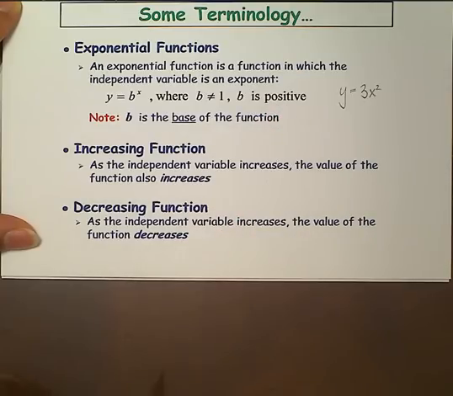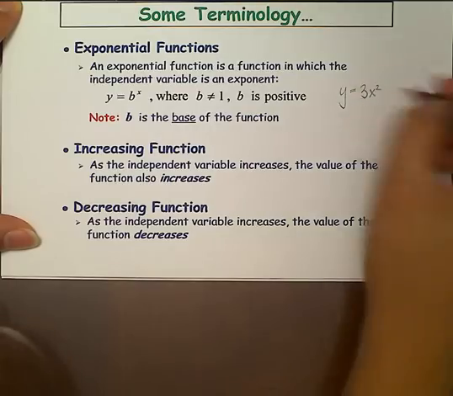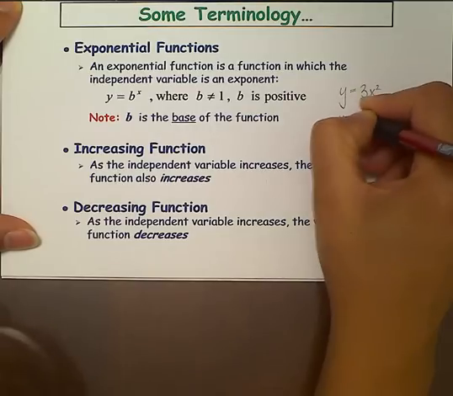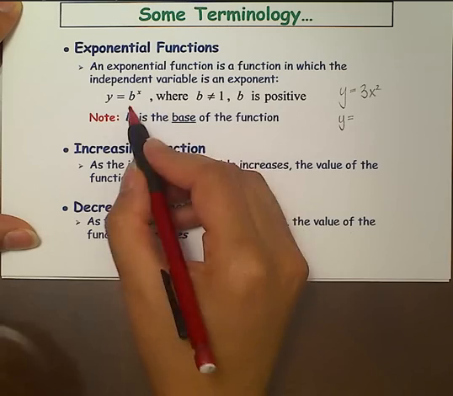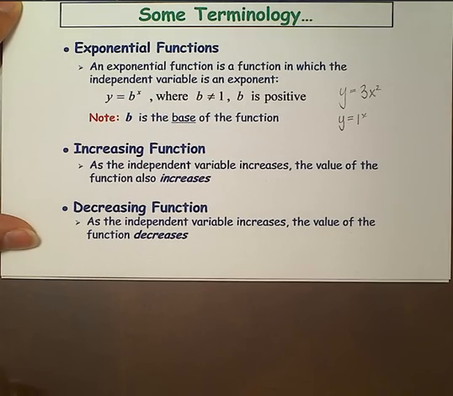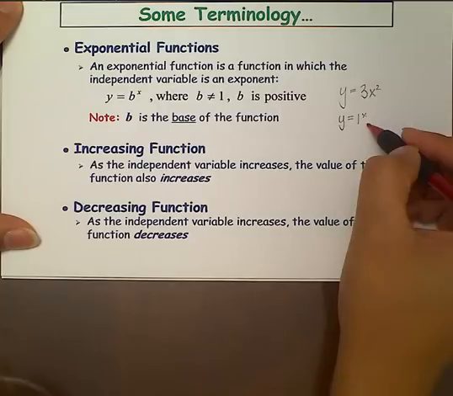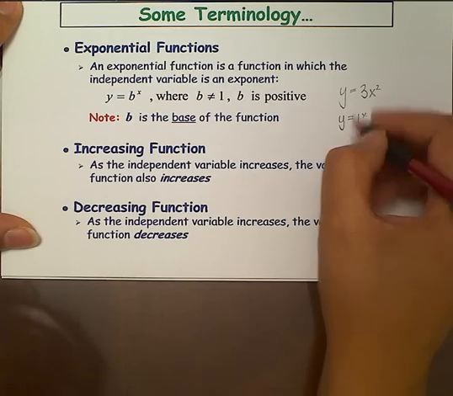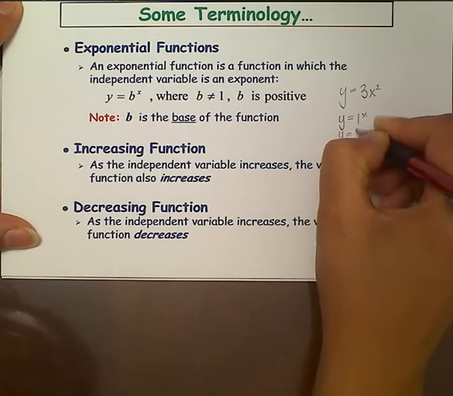The first condition is that you can't have b equal to 1. And if you think about what happens if you substitute in 1 for the base, you have 1 to the exponent x. Now, I know that no matter how many times I multiply 1 by itself, which is essentially what's written here, the result is always 1.